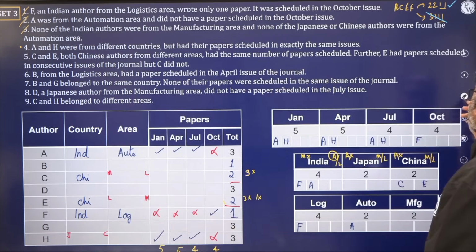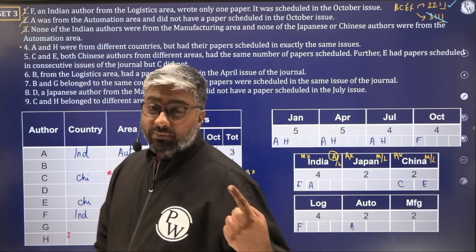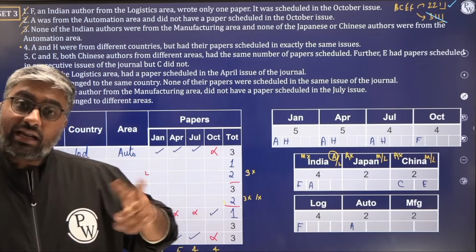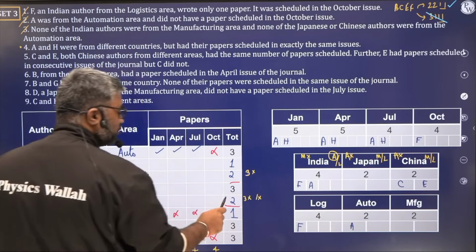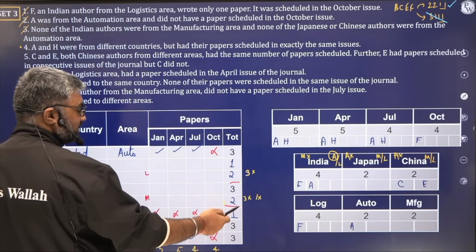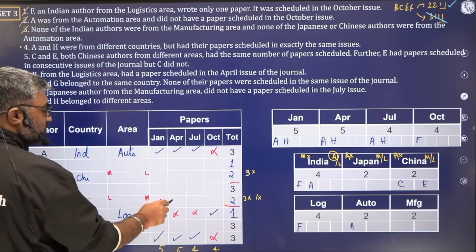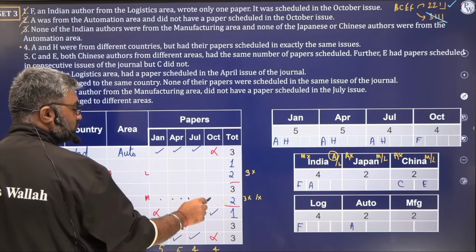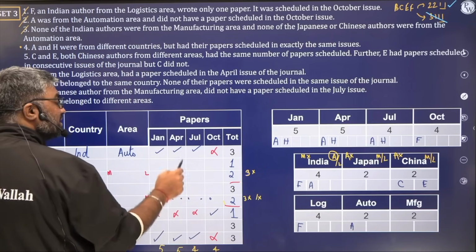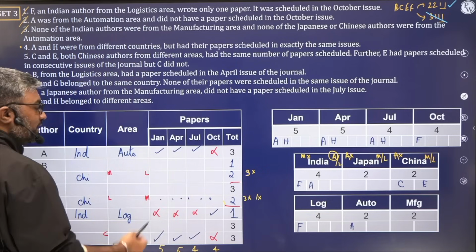Alright. Now let's go to the consecutive part. क्या बोल रहे हैं? E का consecutive है, C का नहीं है. दो लोगों का, एक person का consecutive होना चाहिए, एक का नहीं. Which means what will happen in case of two, दो पेपर consecutive कहाँ कहाँ हो सकते हैं? With E, we can have either these two being consecutive or these two being consecutive or these two being consecutive. But C में specifically बोला है कि consecutive नहीं है, right? तो क्या हो जाएगा यहाँ पे?